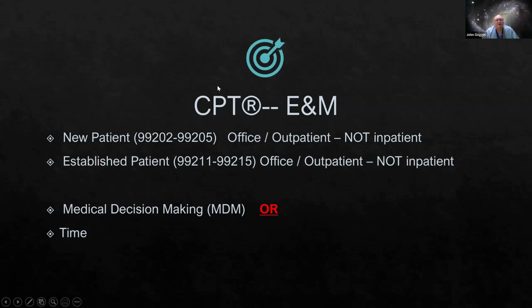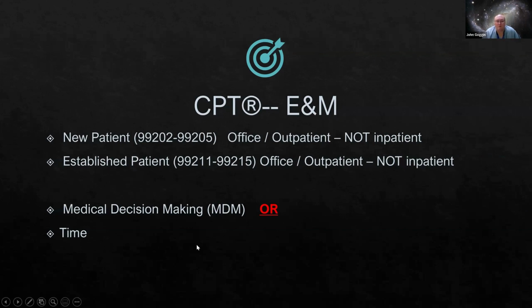So for CPT, or our procedures, I'm going to spend probably an inordinate amount of time talking about evaluation and management for a couple of reasons. A lot of what we do is evaluation and management. These are our office visit codes. And in addition to that, there was a recent change to this in 2021.